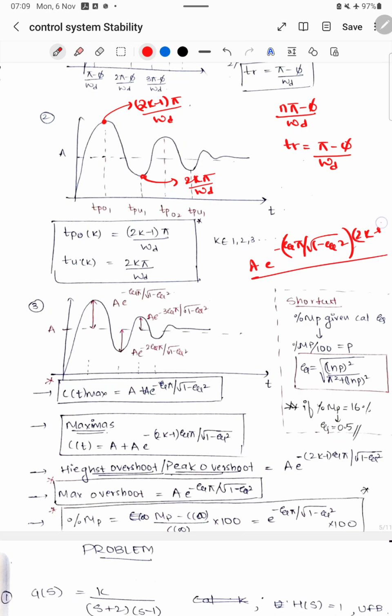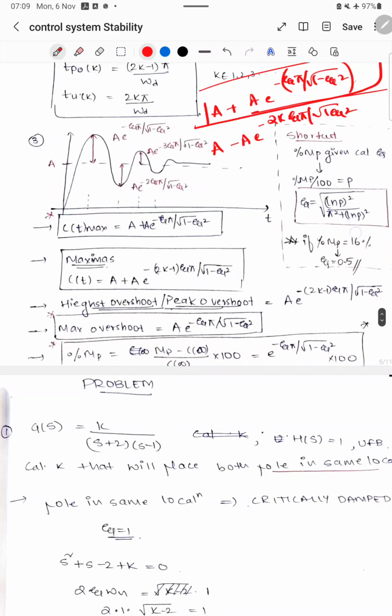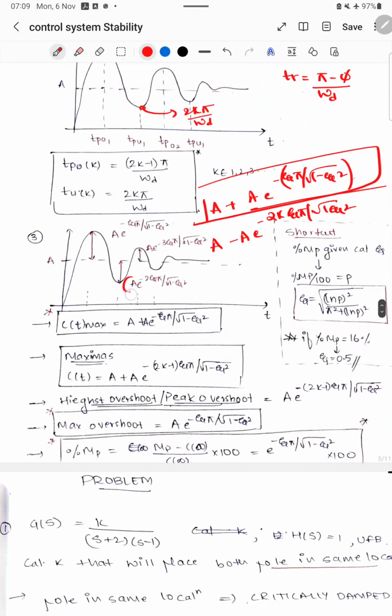This is for any overshoot, but for the first overshoot the k is going to be nothing but 1. Okay, so the maximum value becomes what? A plus this value. And similarly for undershoot, it is what? A minus A into e power minus 2k zeta pi upon root of 1 minus zeta square. That is nothing but undershoot.